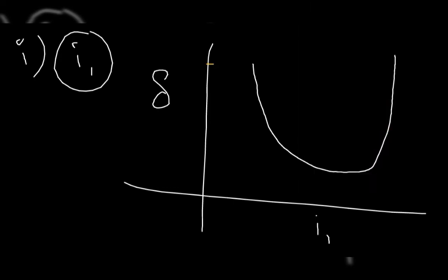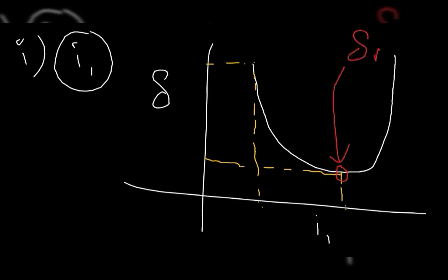If I change the color here, you'll see this point and this point. These two points are our major thing to focus on. This point is my point of delta minimum, and this point is my delta maximum.